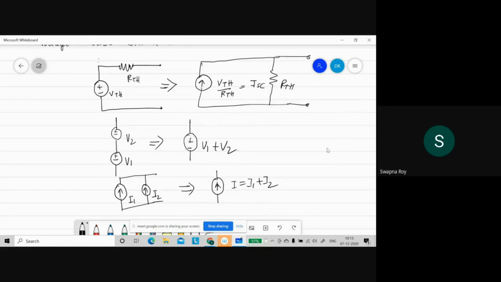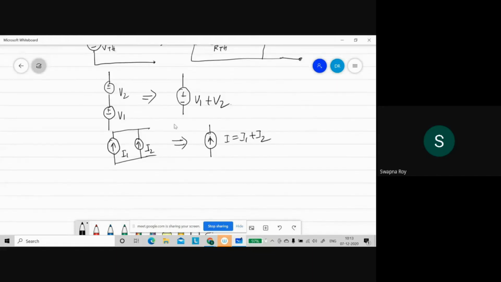Now, if the current sources are in reverse directions, this current source in this direction and this current source in this direction, whatever the values of I1 and I2, which one is greater? If I1 is greater than I2, then the equivalent current source will be I1 minus I2.